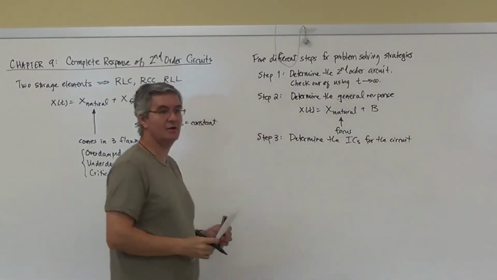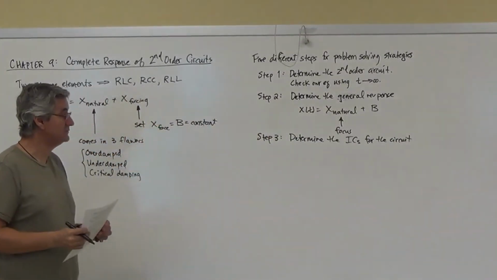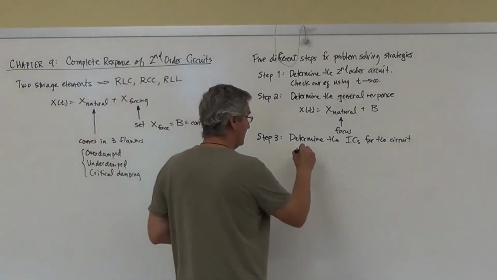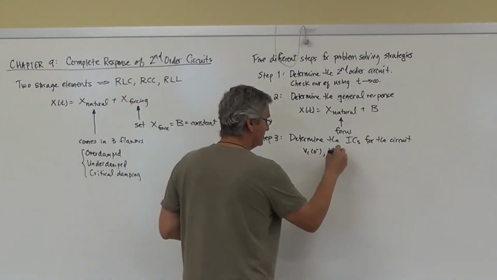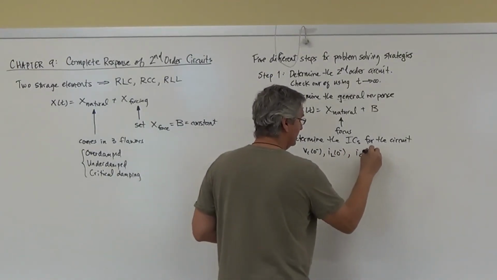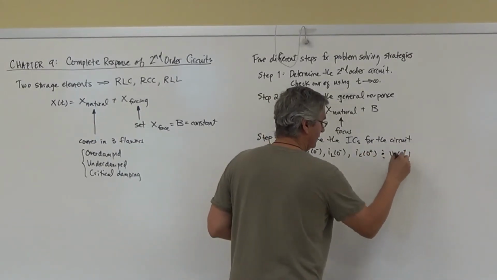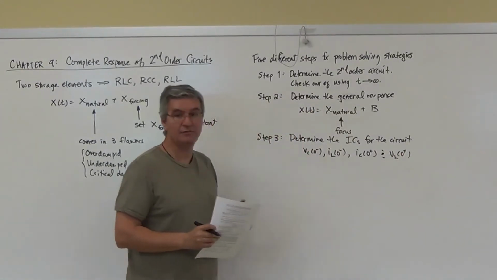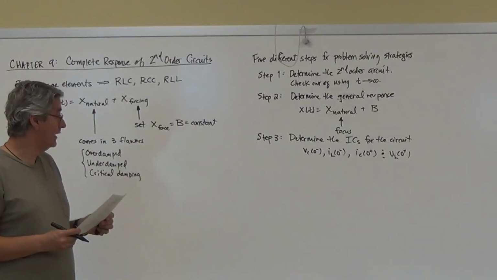In order to solve for the two arbitrary constants, A1 and A2, we'll have to find certain values, and then probably a couple more, so we could have to find up to four constants.